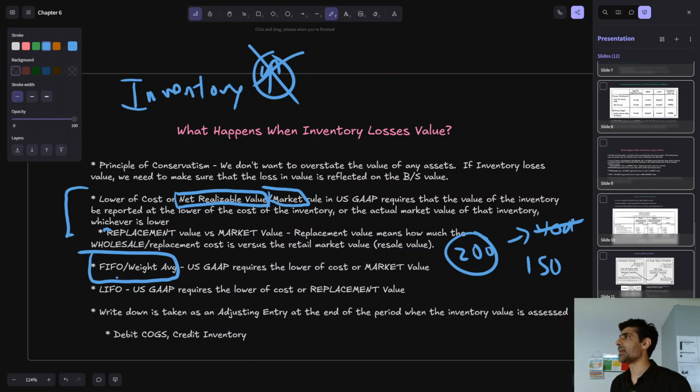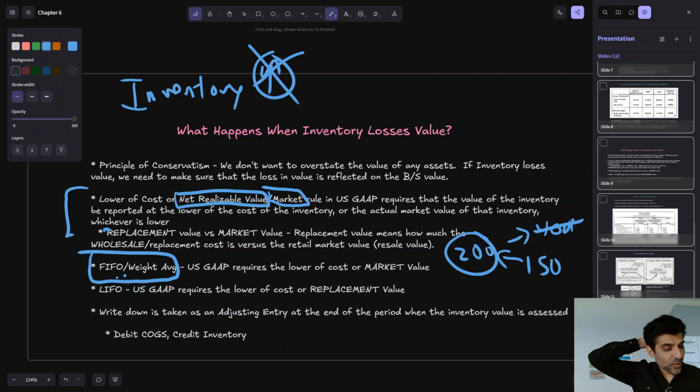You're going to have to take a write down because you bought them at a time maybe when it was selling for 400, but now the market value has dropped. It's not worth 200. The best case is you sell it for 150, so you will have to take a loss of $50 a unit.